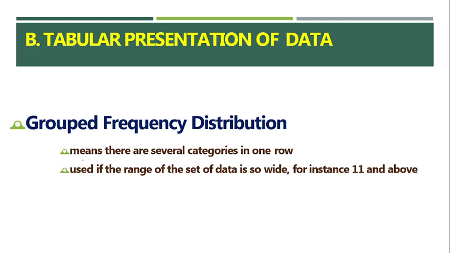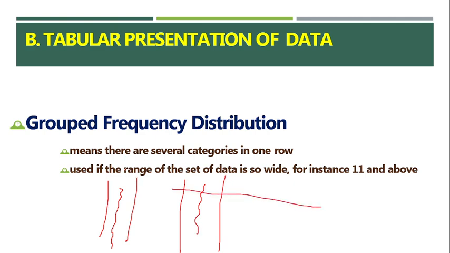Because if this is your column, and you have a lot of data from your ungrouped data, when we turn it into group, it might be lessened in a way that in your row, you are not referring to just one or a few data or frequency only.